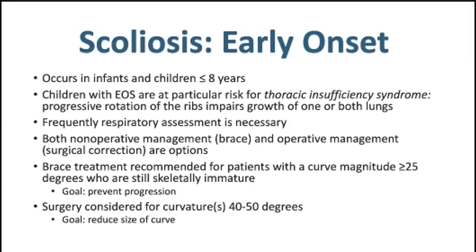So with our assessment, we want to frequently monitor the respiratory status. Management options: sometimes this is non-operative, where we use a brace. The goal is to prevent curve progression. We can do a surgical correction, which reduces curve magnitude and preserves lung growth potential.